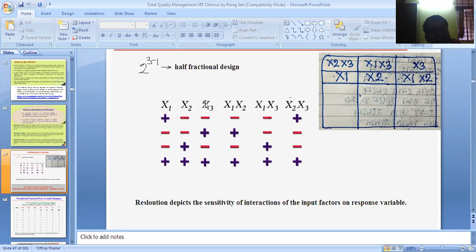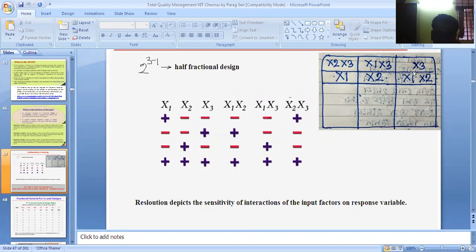Because 8 experiments is very few, so you can easily do that. But in the higher versions, it is desired. If you consider whether this is a strong design or a weak design, it is recommended that this is a weak design. Why is this a weak design?